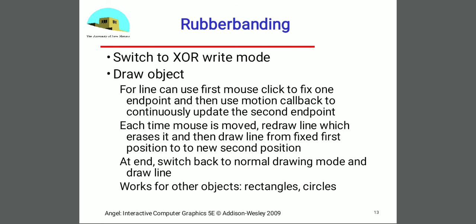Next is rubber banding. What is rubber banding? Assume that you are playing a game. There are some 6 objects in the game. First you are selecting object 1. Then you are changing your mind, you are selecting object 2. Then you change your mind again, selecting objects 3, 4, 5, 6. You are selecting the 6th object. But before selecting the 6th object, you have opted for 5 options, right?